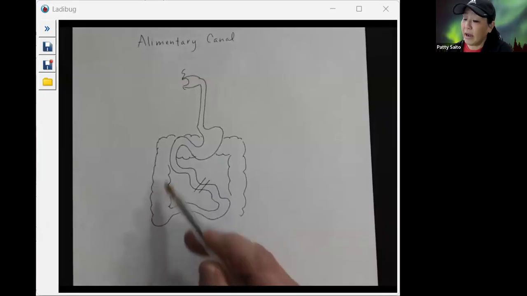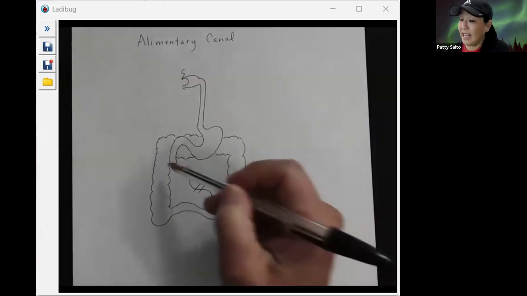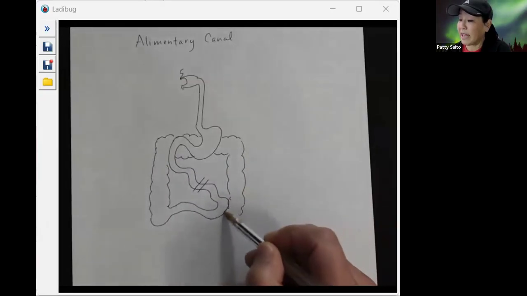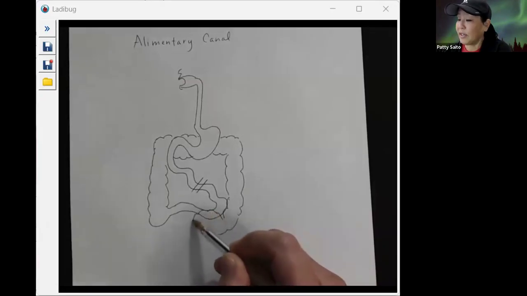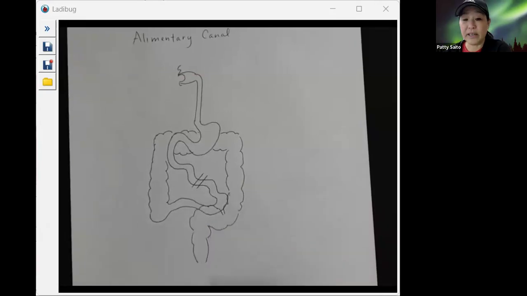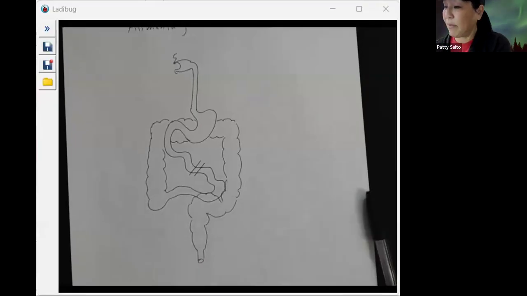And it travels along the outside of the abdomen, or along the edges of the abdomen, comes down like this. Then it makes this turn, and then ends in the rectum, and then the anal canal and the anus. Okay, so let's label it.